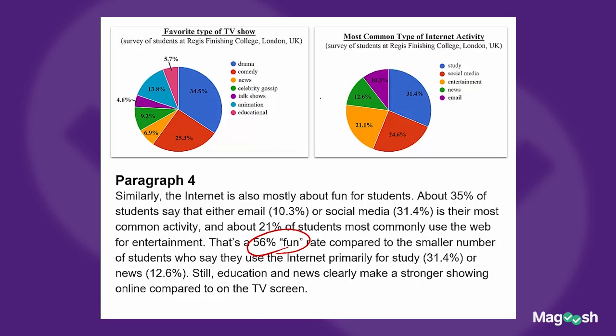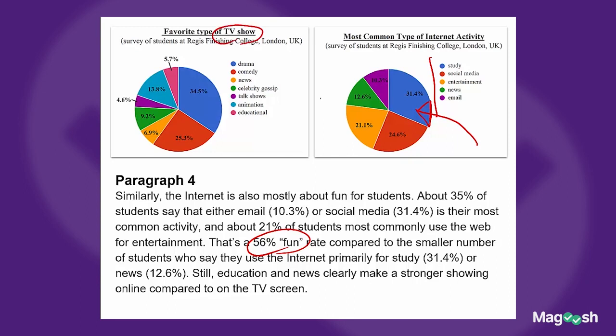So interesting analysis here where we're taking this category of fun, we're using it to lump together a number of these internet activities to say, well, actually the internet is also used primarily for entertainment, even though it is much more common to use the internet for education and study, or at least students say that's what they most commonly do on the internet compared to TV, where these are not their favorite kinds of shows.